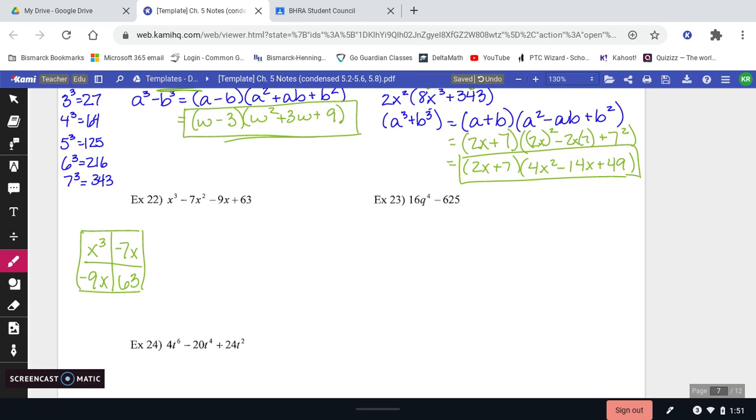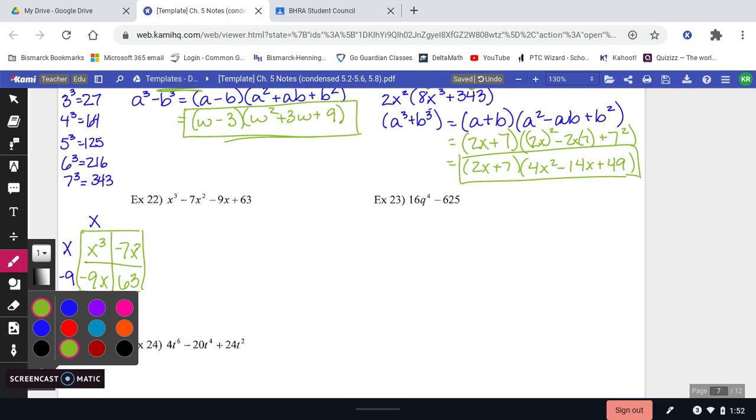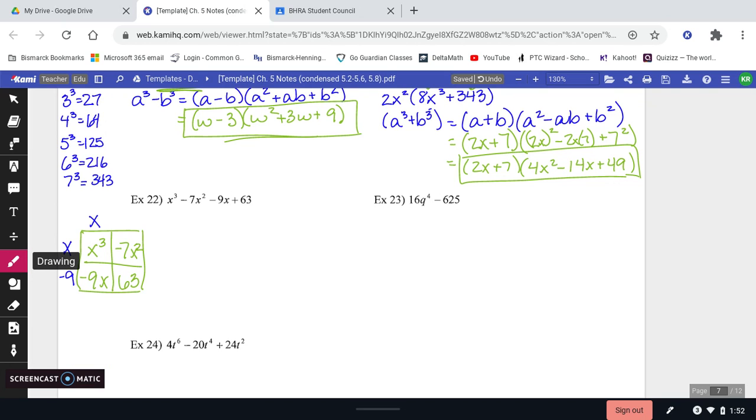Okay, so now you're going to do what you did before when you were factoring in the box. Look across the first row, and they have an x in common. Bottom row, they're both divisible by 9, but actually I'm going to do -9. Pull out that negative. And then look down the first column. They have an x. Oops, I made a mistake. This guy right here should be an x squared.